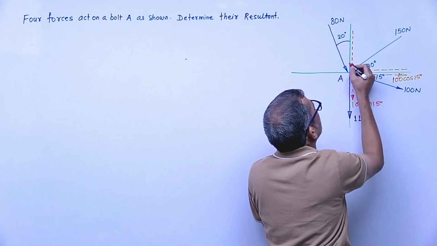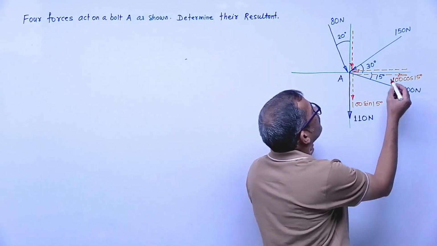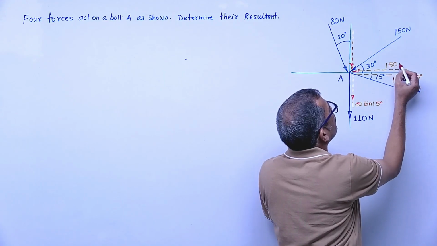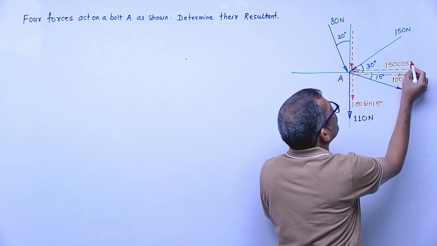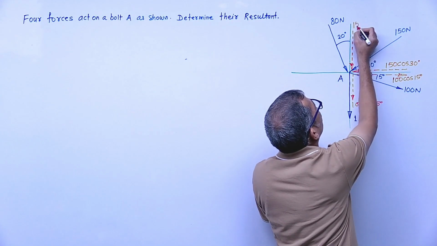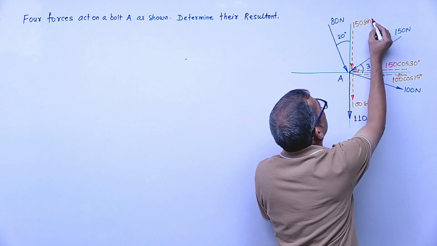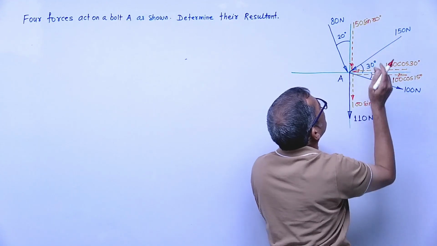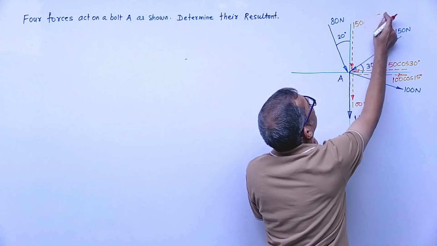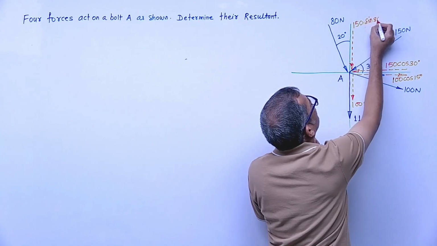Now the angle is given with the horizontal, so the horizontal component is 150 cos 30 degrees and the vertical component is 150 sin 30 degrees.